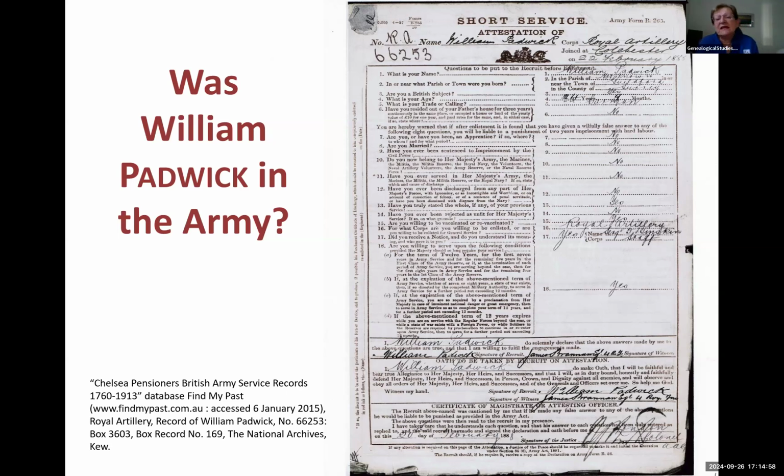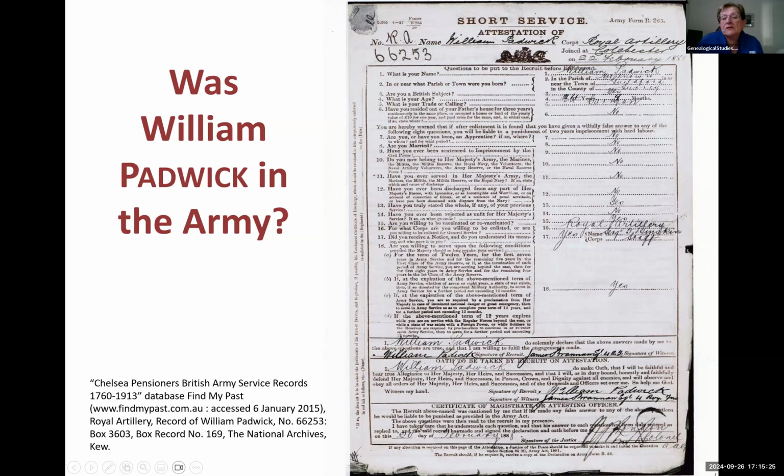So this guy was in the army. If he's the guy that married my great-grandmother in August 1888, he's already in the army, but he's describing himself on the marriage certificate as a warehouseman. So perhaps this isn't the right William, but we'll follow through on the information that we've got here.